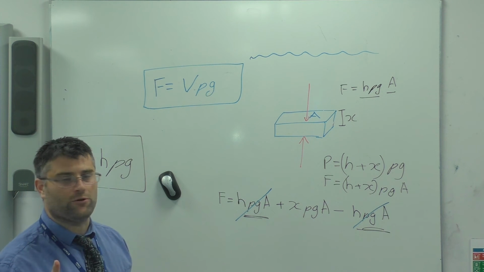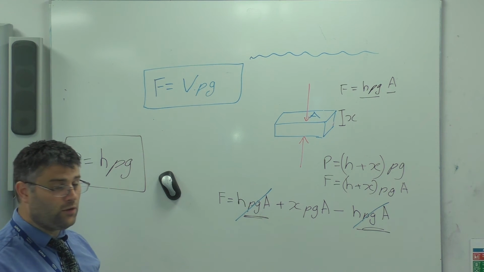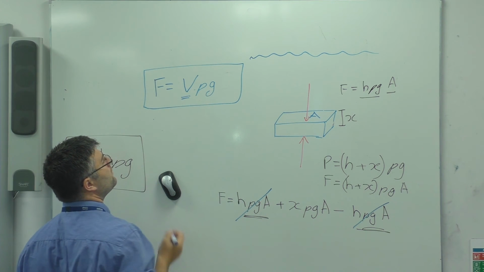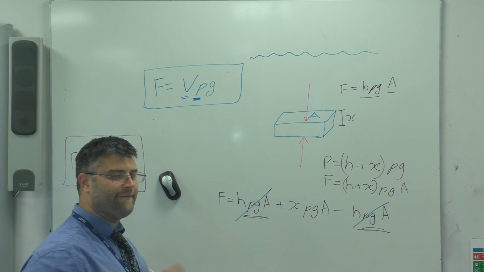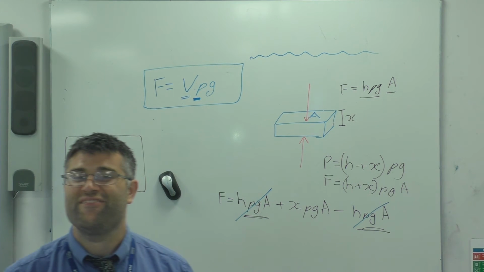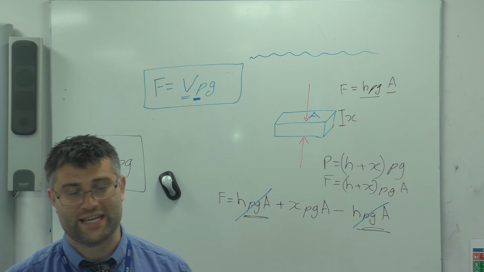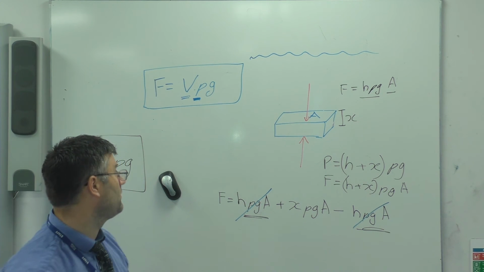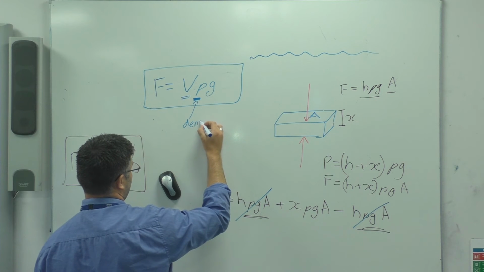Now be careful. The volume here is the volume of the object itself. The density is where a lot of people come unstuck. The density is not, I repeat, is not the density of the object. It's the density of the liquid that it's in. So in this case, it's the density of water.